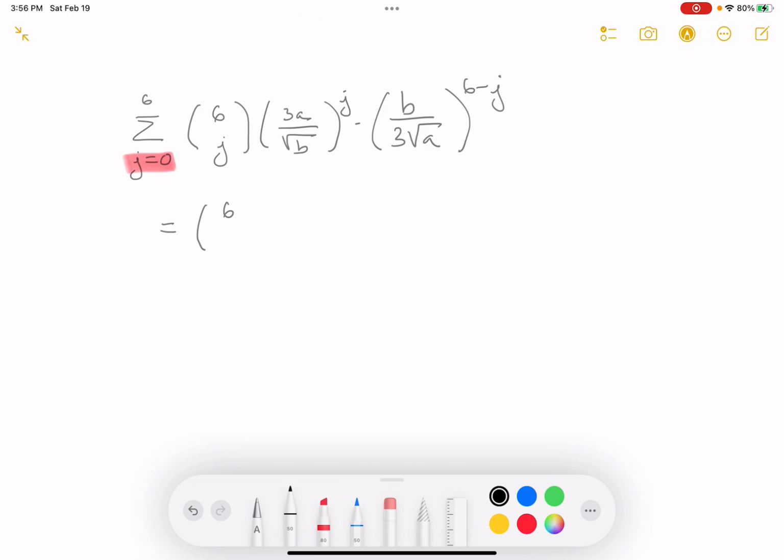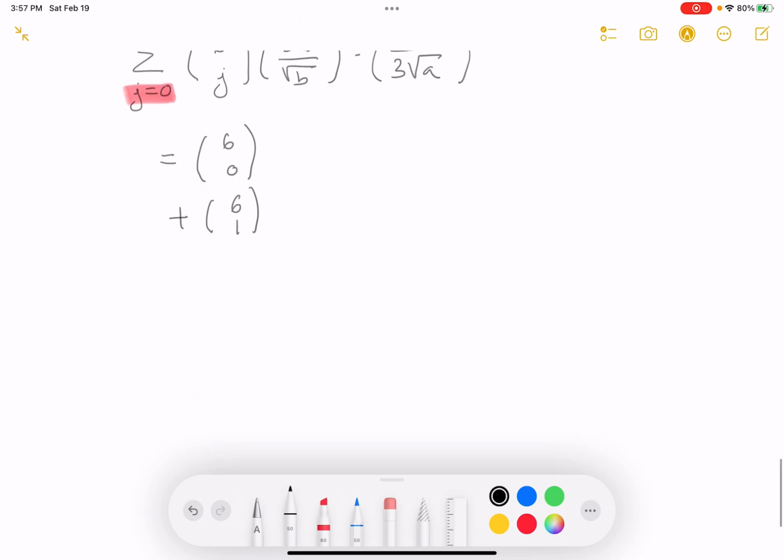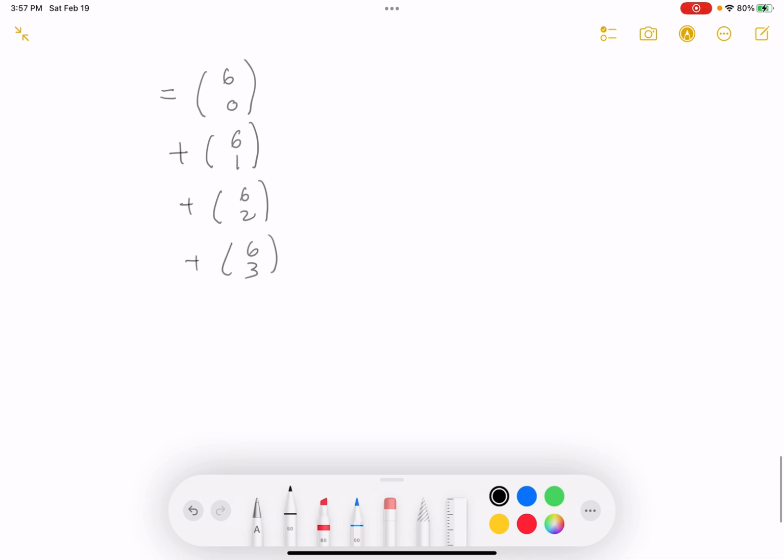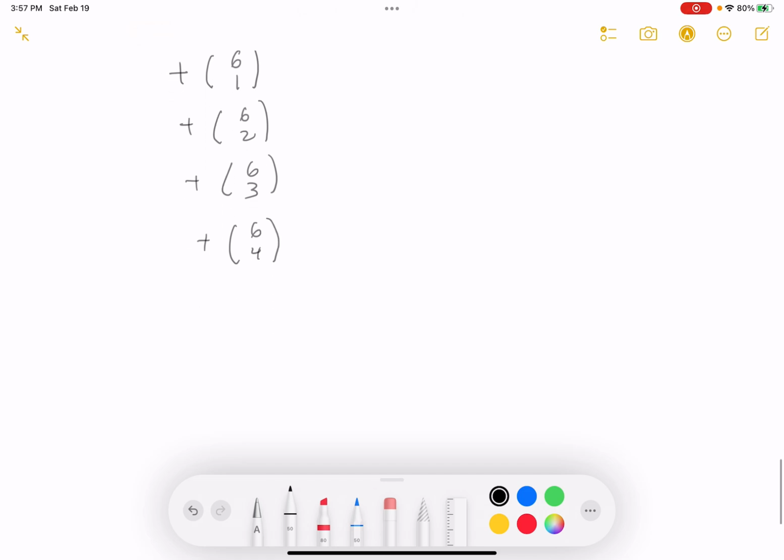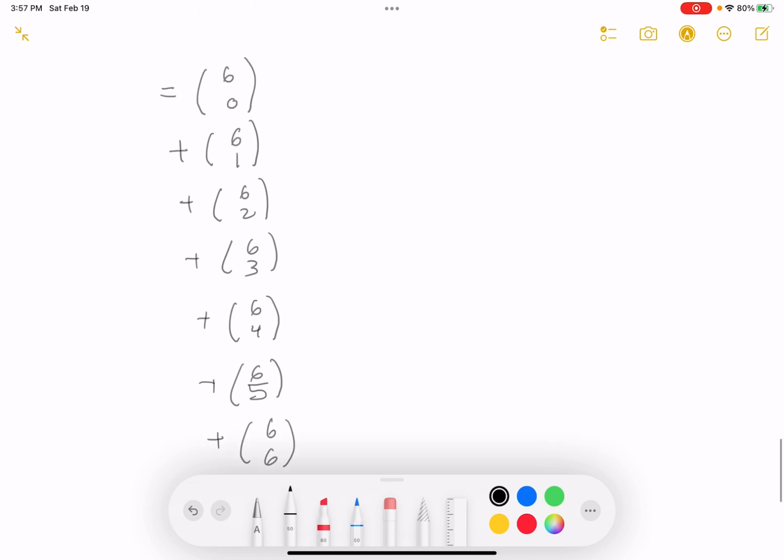So 6, 0, it's a summation. 6, 1, it's a summation. 6, 2, 6, 3, 6, 4, 6, 5, and 6, 6.